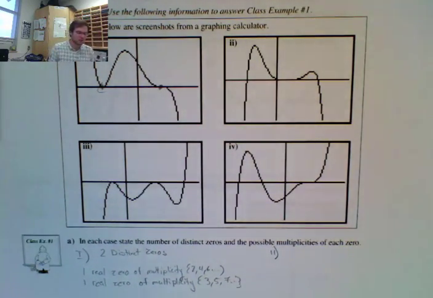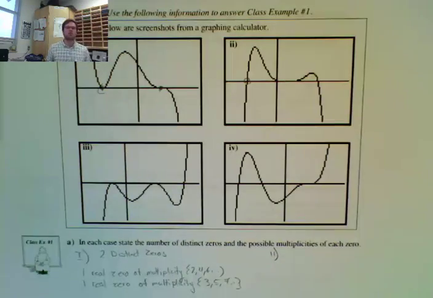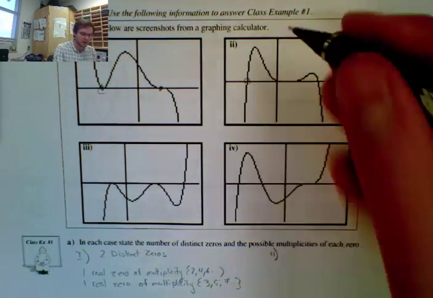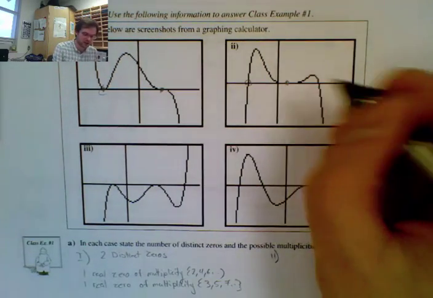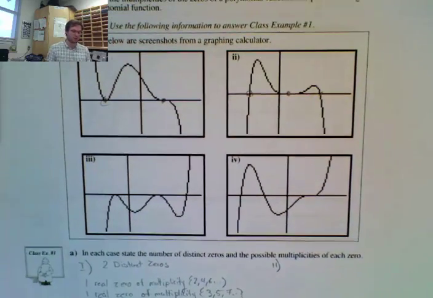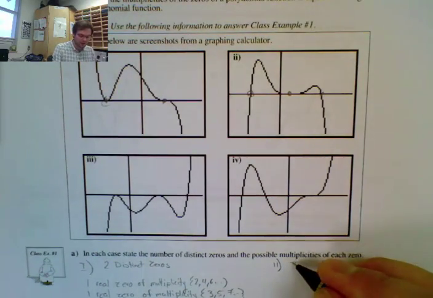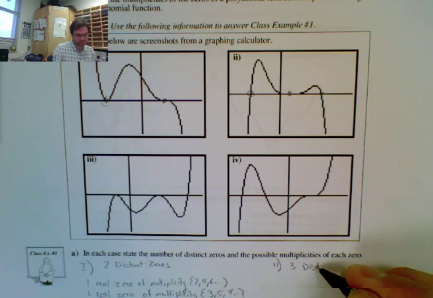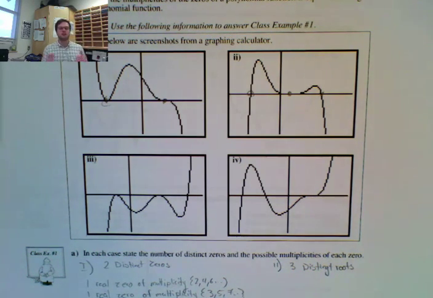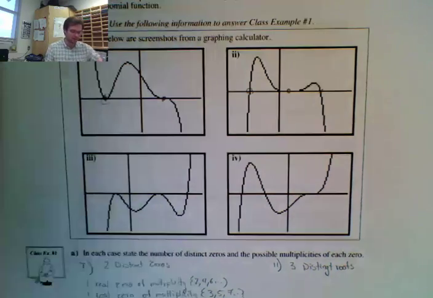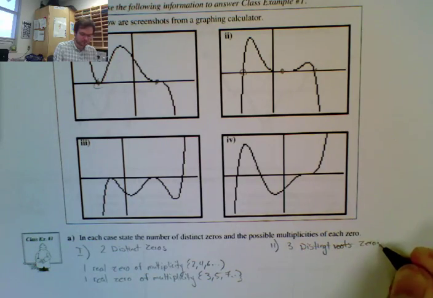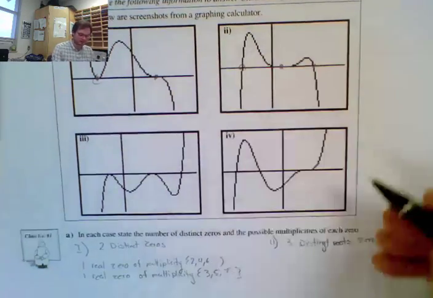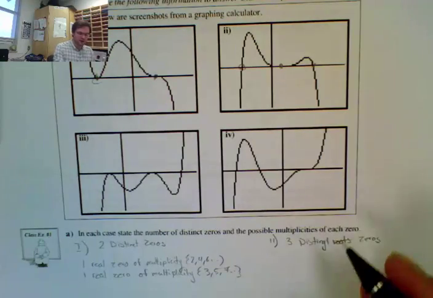Now let's take a look at number 2. Okay, so number 2, we have a crosser, which is going to be degree 1, and then we have a toucher, which is a tangent, and then we have another crosser. So for this one right here, I have 3 distinct roots, since it touches my x-axis at 3 different points, or 3 distinct zeros. Okay, so I look at that here. The first one's a crosser, and we have another crosser.